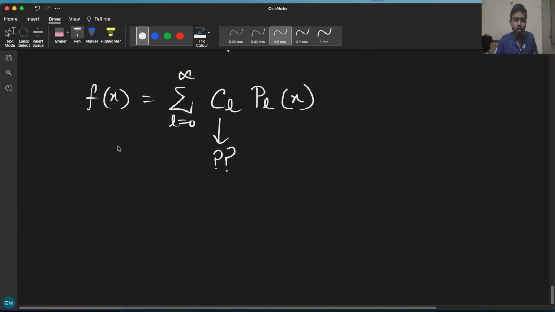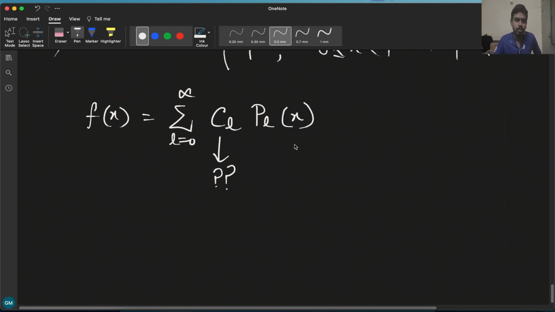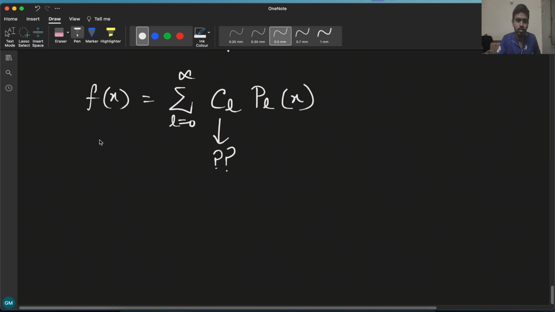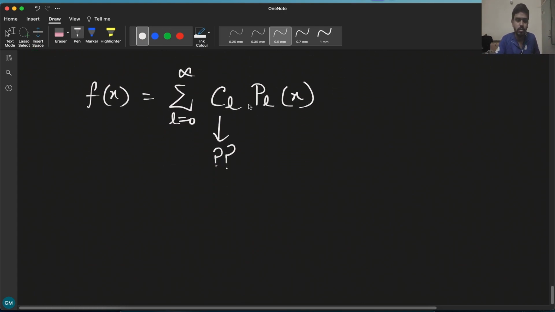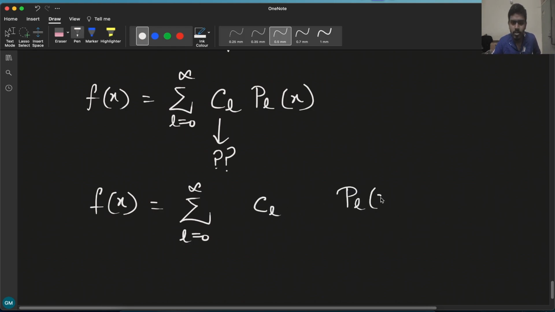So let me do something which is applicable in general, and then I will put in this function. For now, let me treat f as a general function, not this particular function. So f(x) is the sum over l equals 0 to infinity of c_l, these are constants, times P_l(x).